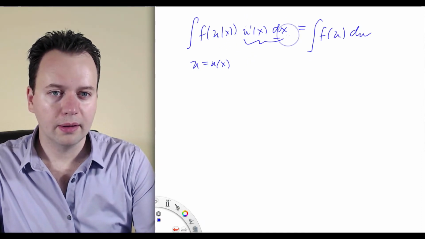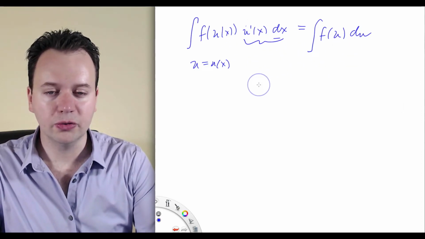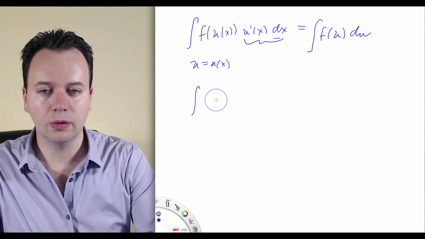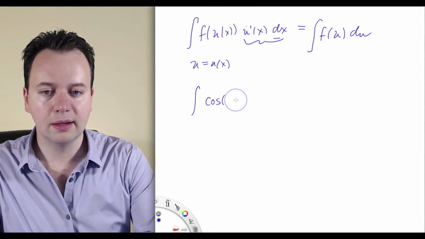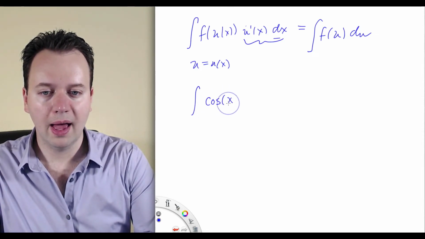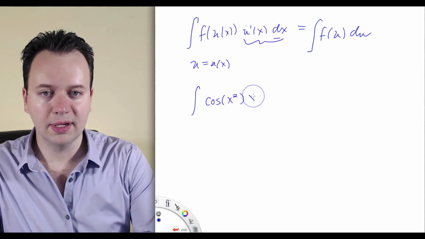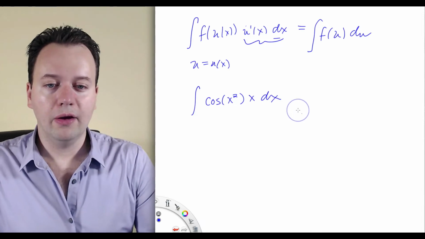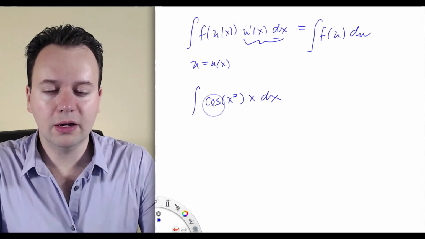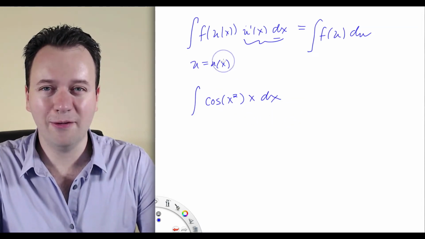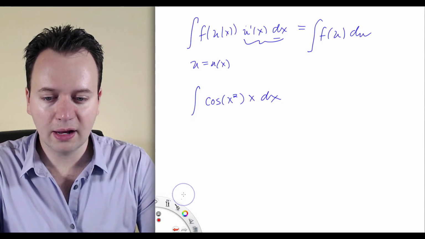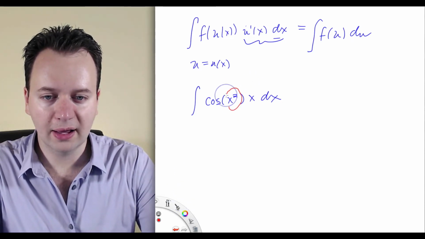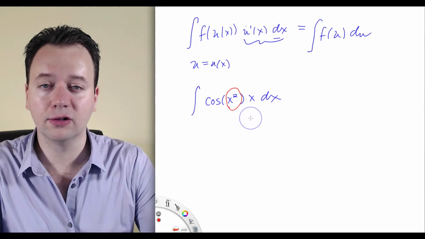Let's see an example to see how this really works. Suppose we have the integral of cosine of x squared times x dx. If we're looking at this, we're going to see cosine of x squared as an f of u of x. So the inside function, which is the x squared, is what we want to identify as our function u.